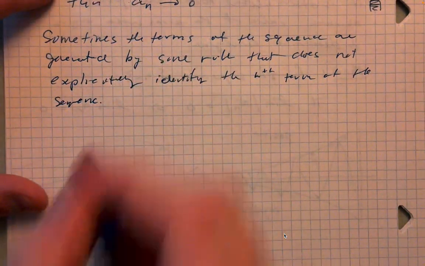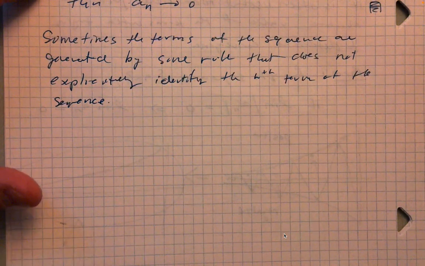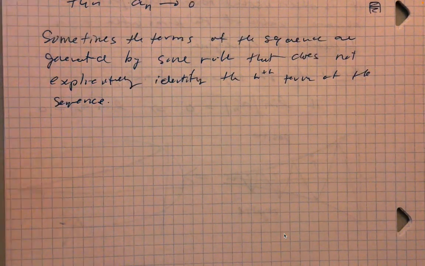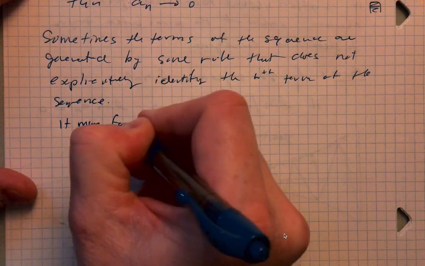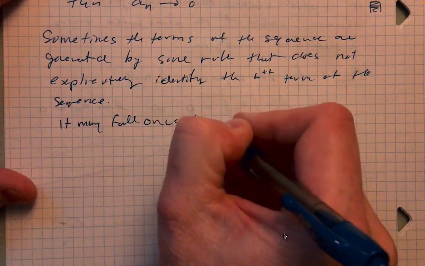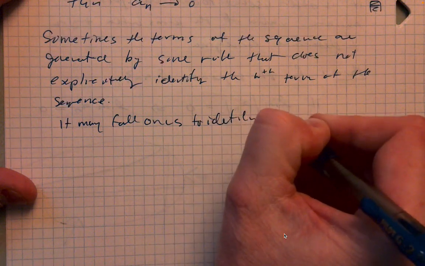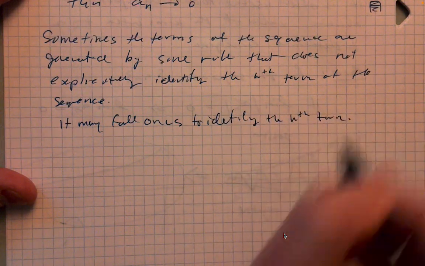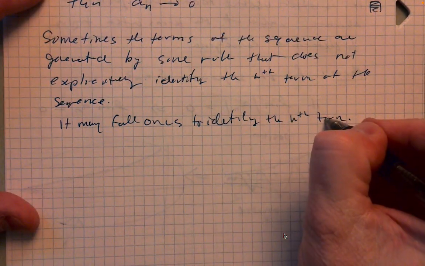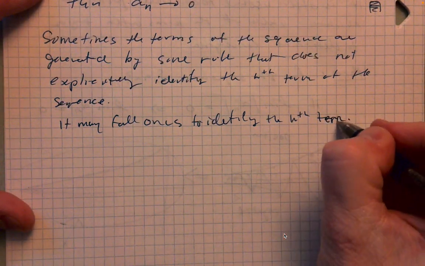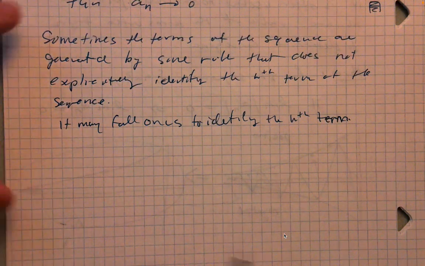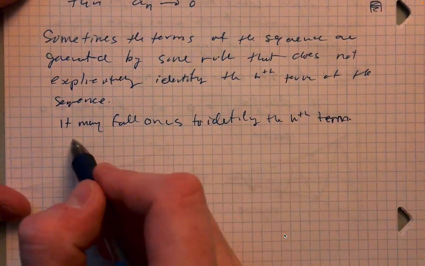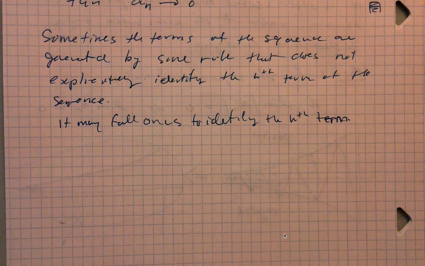And so when that's the case, it may fall on us to identify the nth term. And this can be tricky. So you're given some sequence that's generated by some rule, but we don't know what the rule is.